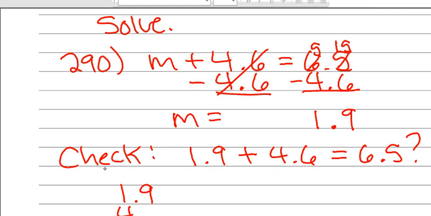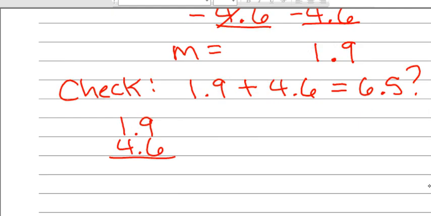I'm going to line them up and check it. So 9 and 6 is 15. Carry the 1. 1 and 1 and 4. So it does check out. So m is equal to 1.9.